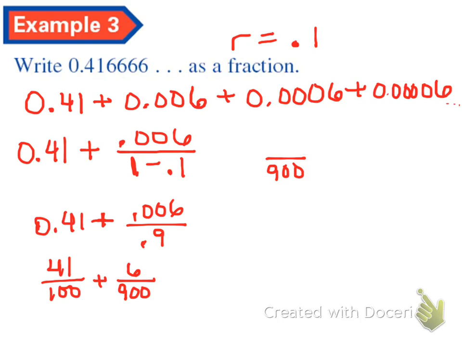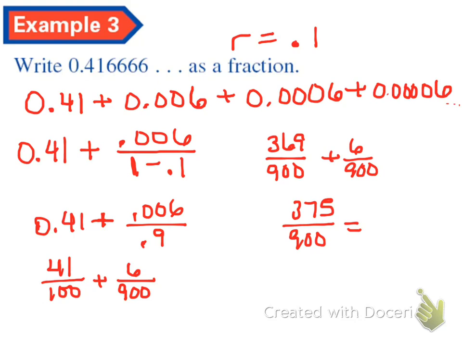Right, common denominator is 900, so the new numerator would be 369 over 900 plus 6 over 900. We would end up with 375 over 900, which then would reduce to 5 over 12. So 0.4166666666 repeating would be 5/12 as a fraction.